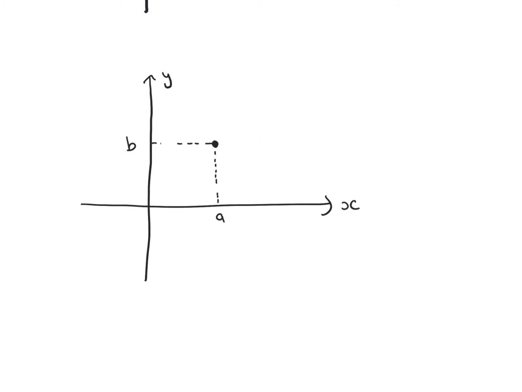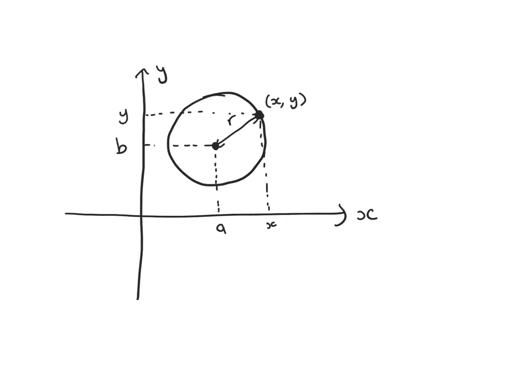That's terrible, but it doesn't matter. Let's say that's now my point x, y. So this coordinate's x and this coordinate is y.